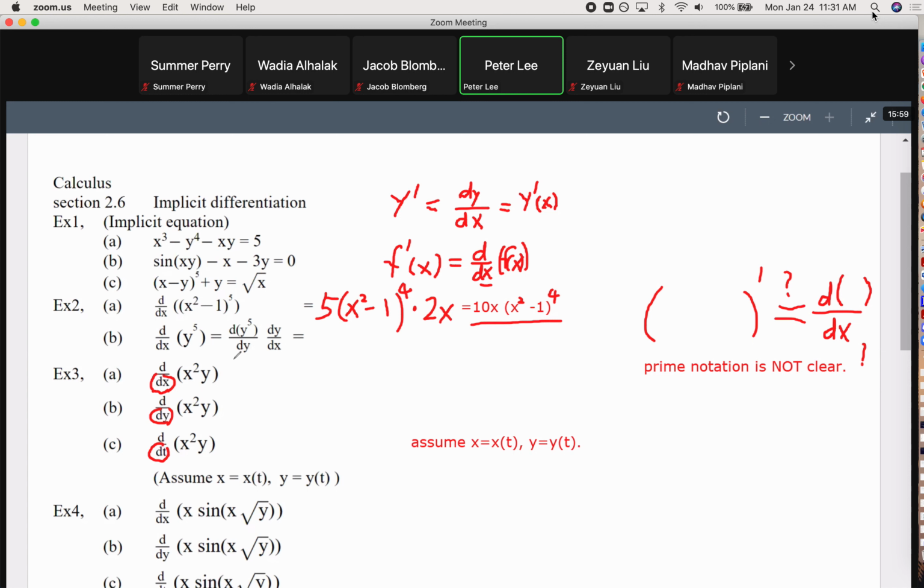So now we put a dy there. Now what is the derivative of y to the fifth power with respect to y? That is the same as the derivative of x to the fifth power with respect to x. And if we do that, that is equal to 5x to the fourth.